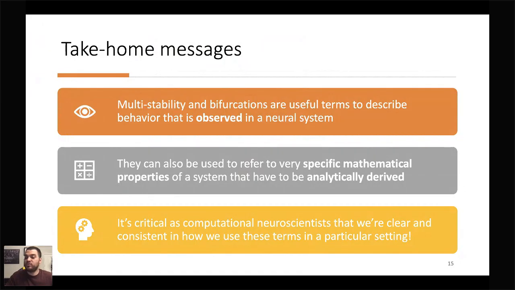Both of these are equally useful and beneficial in computational neuroscience, but it's really important that as the computational neuroscience community, we're very clear and consistent, at least in our own work, in how we're using these terms so that they're most easily read and absorbed by the rest of the community.